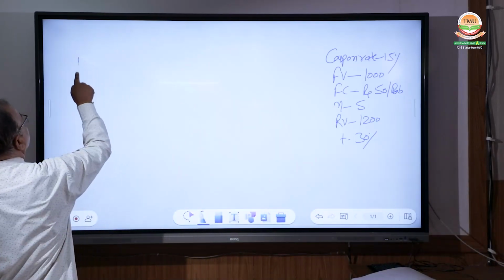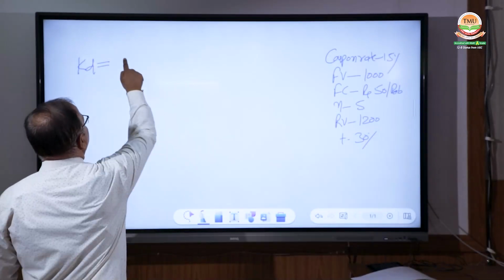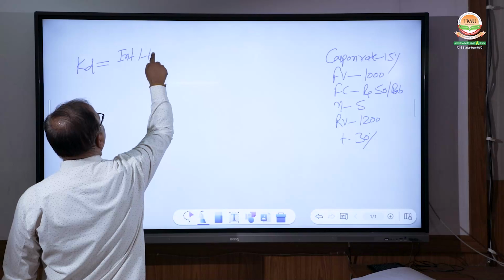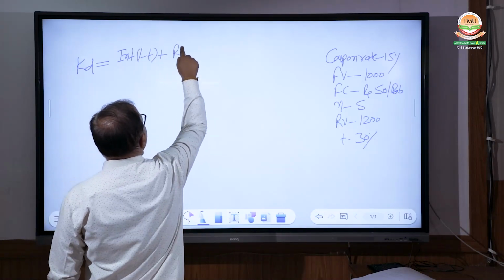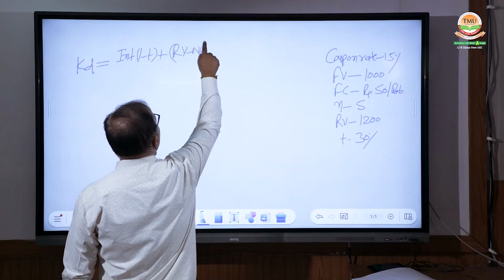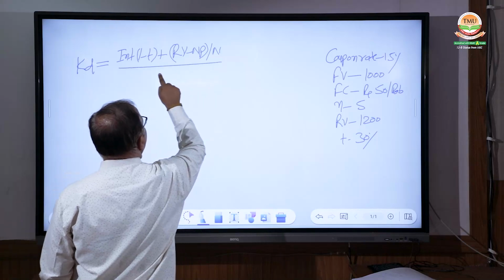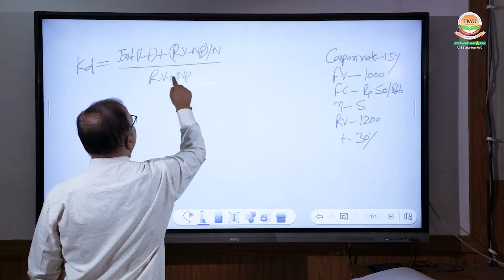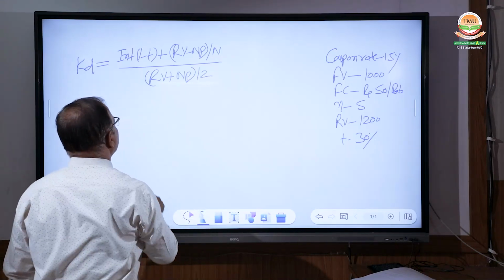KD, cost of redeemable debt, is equal to interest into 1 minus T plus redemption value minus net proceed by N, divided by redemption value plus net proceed by 2.